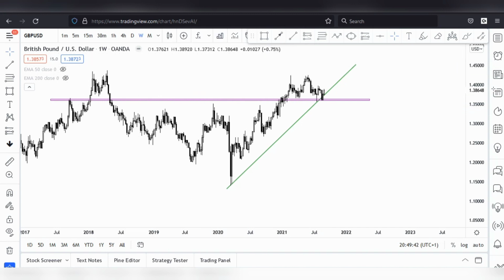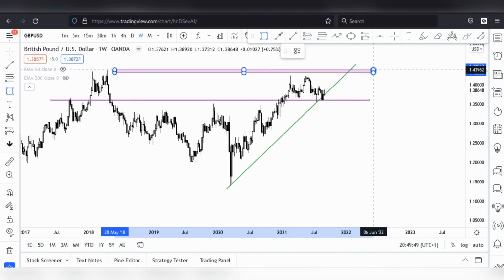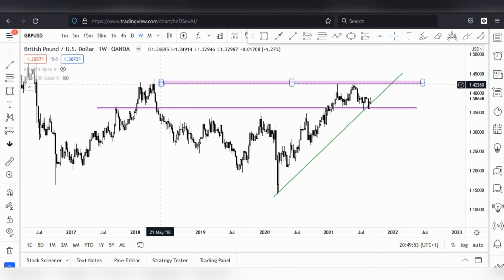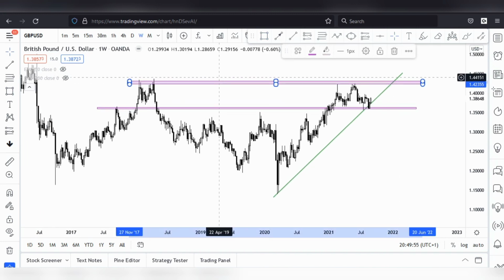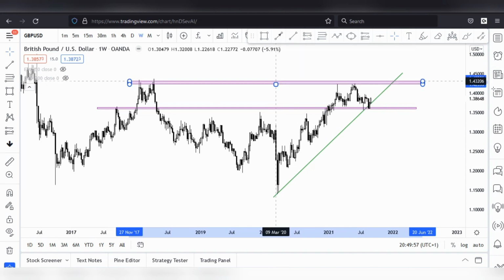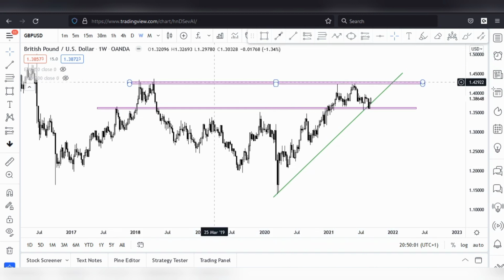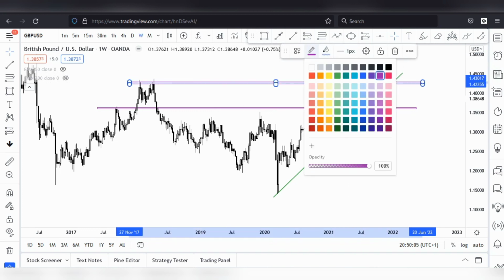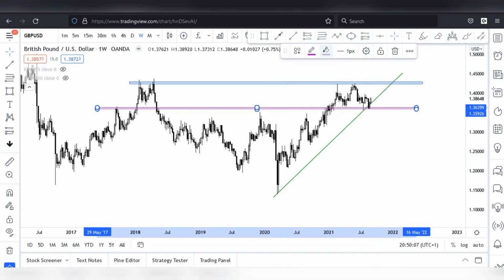Then we identify our important level of resistance. So we're going to change this color to blue like we did for GBPJPY just to be consistent. So this will be blue, same here as well.